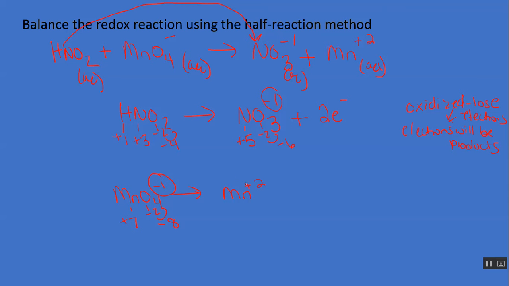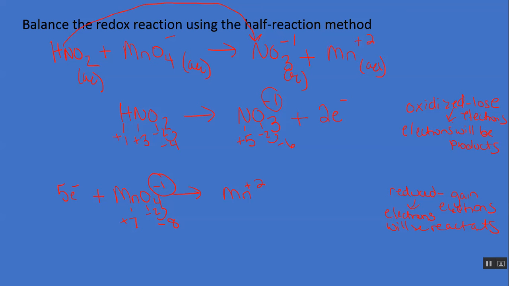It's becoming more negative because you are gaining electrons. It's being reduced because it's gaining electrons. Again, something to remember: if it's reduced, the electrons will be reactants. All right, so there we go. We've got our electrons in there.